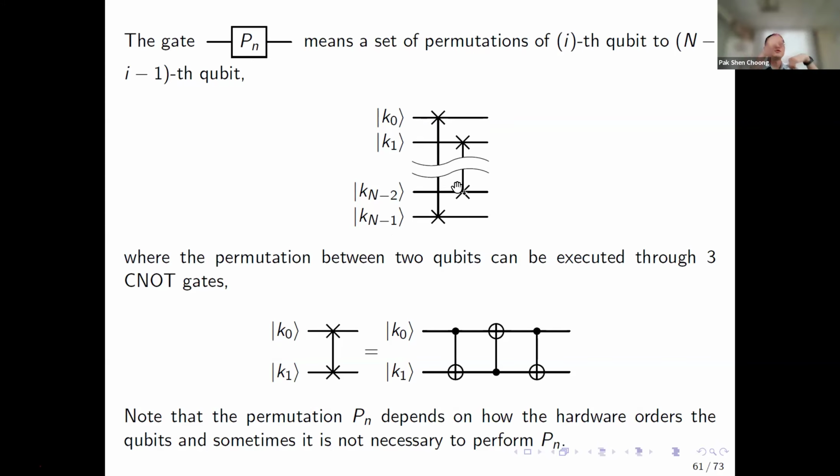It just switches the location of the qubits. A permutation gate for two qubits can be broken down into three control NOT gates. This is what we usually implement in quantum computers. Like I said, it depends on the hardware, how they order the qubits. Sometimes you don't need to perform that procedure.